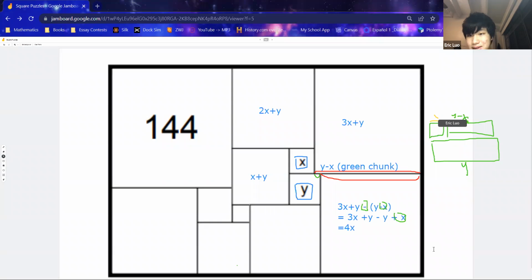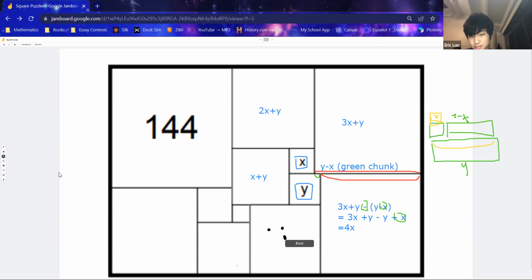Because if you add y minus x to x, then you will get this bigger length y. And thus, when you subtract y minus x from y, you get x. And that is why it gets turned into minus y plus x, right?